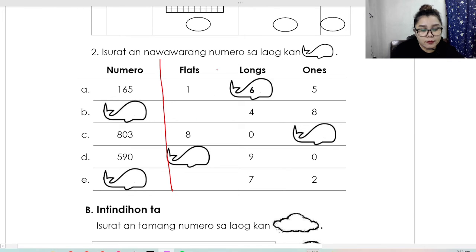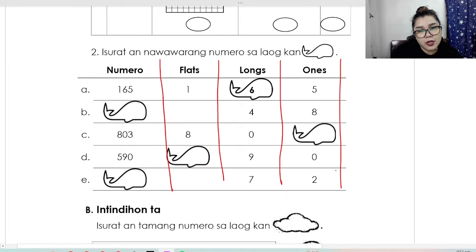We have here the number itself. Flats, it means the hundreds. Longs means the tens, and ones means the ones. So, ang gagawin mo, you need to fill in the missing number. Okay, like in A is given as example.